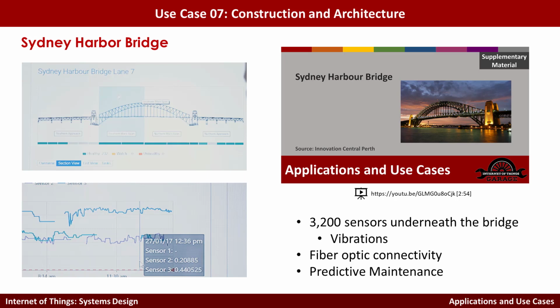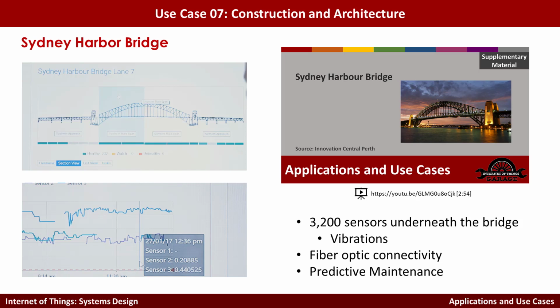This use case presents a scenario about the Sydney Harbour Bridge. Sydney Harbour Bridge is an iconic structure in Sydney, Australia. They have deployed around 3,200 sensors underneath the bridge, including vibration sensors, to understand and monitor any kind of anomalies and to perform predictive maintenance.